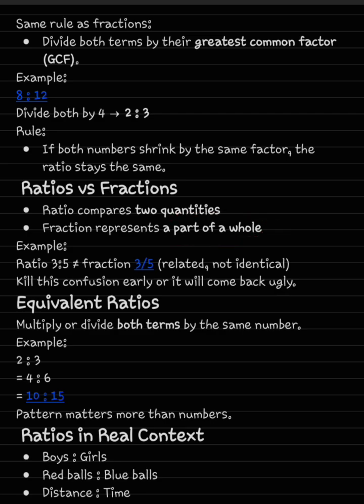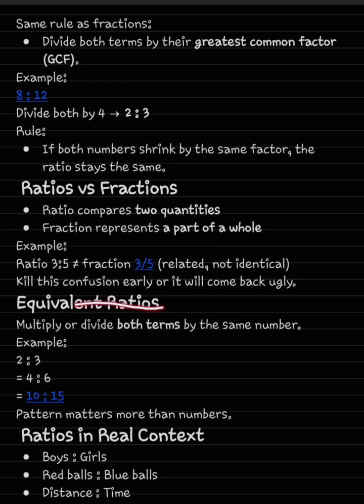For example, 3/5 means 3 parts out of a total of 5. Distinguishing between these two concepts early is vital. Failing to do so can lead to significant errors in algebraic logic later on. A ratio compares. A fraction represents a portion of the whole.